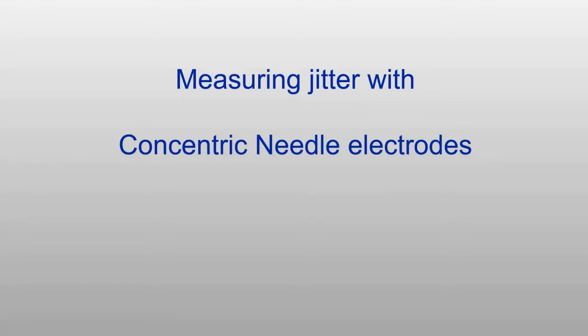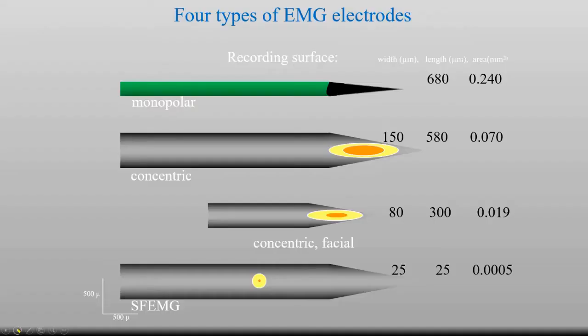Now we will talk about the specifics of jitter analysis with concentric needle electrode. A display of some different recording electrodes to show their different recording surface: the monopolar, the concentric for motor unit analysis, the facial small concentric needle electrode for jitter analysis, and the single fiber electrode.